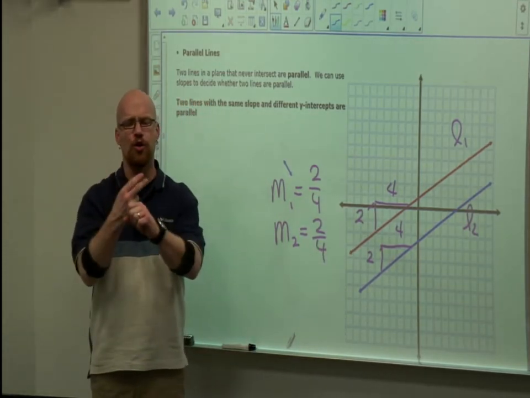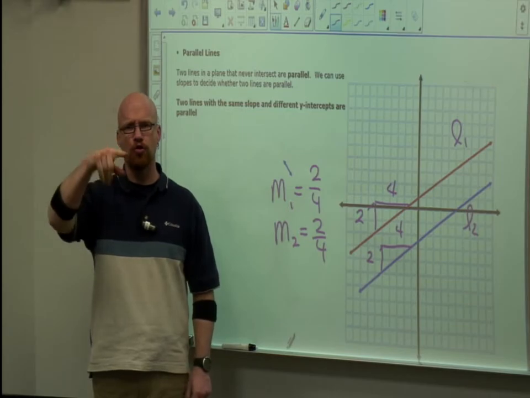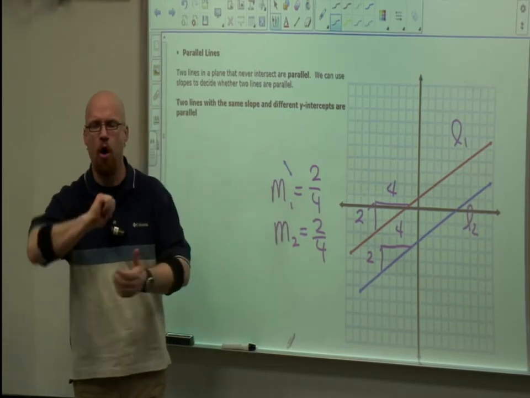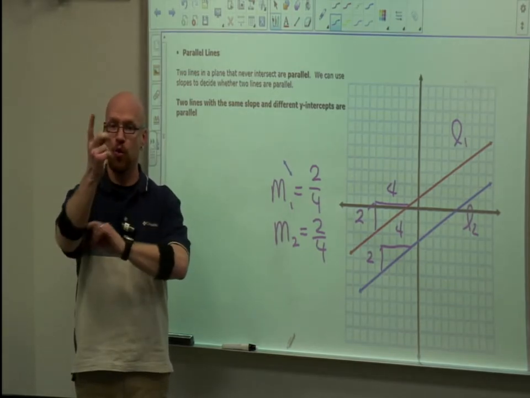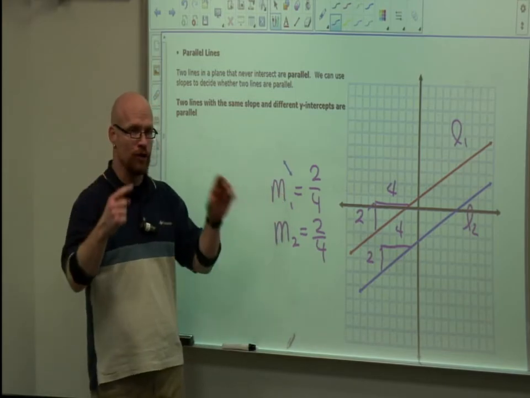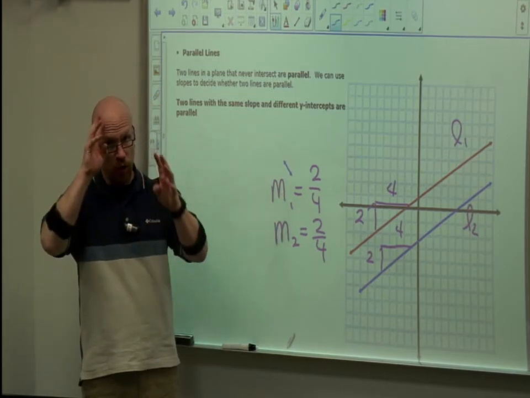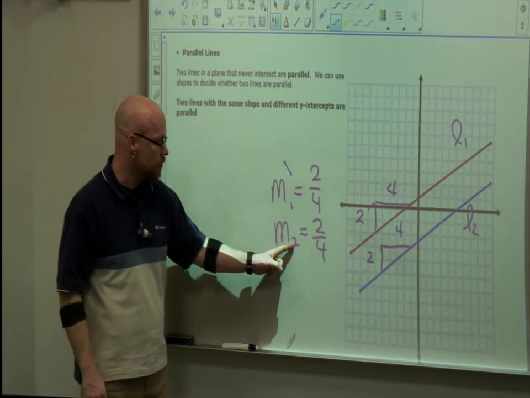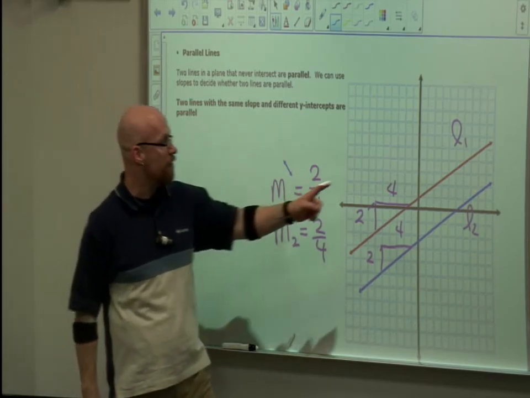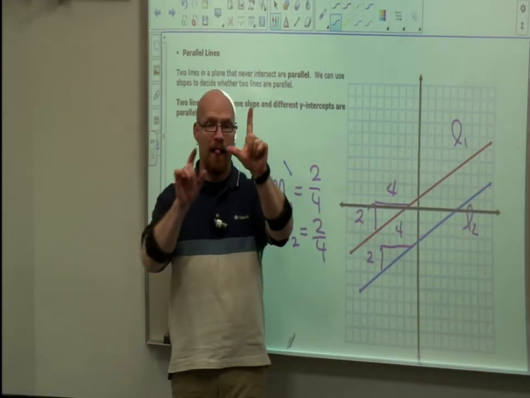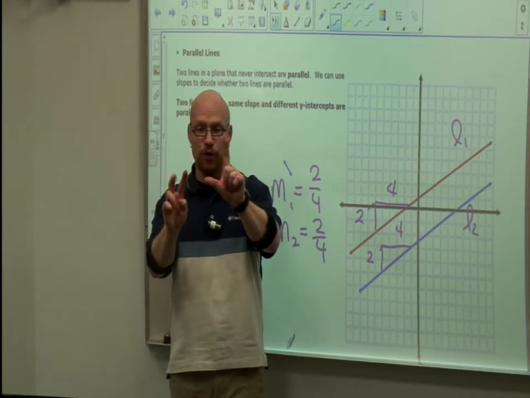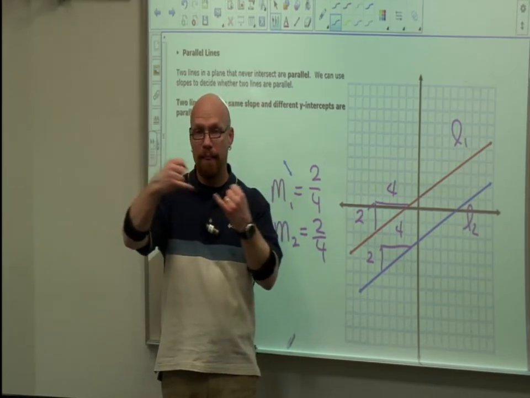Now, we're starting to use what's called subscript, M1, M2. All that is showing you two different slopes. The first, M1, and the second, M2. They match up with the lines. Here we have L1, meaning line 1, and L2 for the second, line 2.